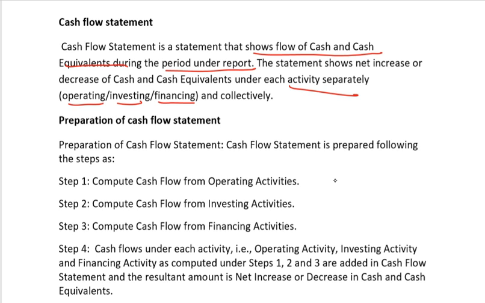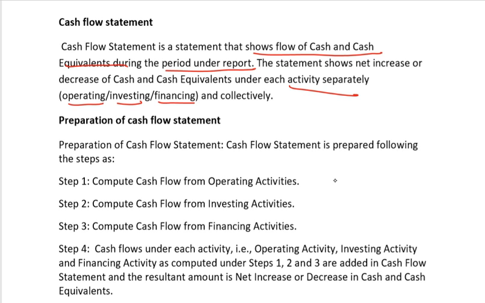If you are purchasing an asset and spending an amount, that is the outflow of cash under investing activity. Also, from investing we will receive interest, dividend, etc. That also comes under the investing activity. Whether it is an inflow or outflow, think and decide.